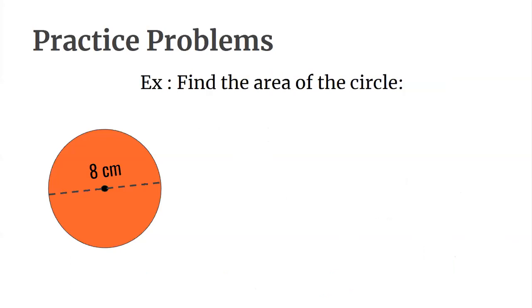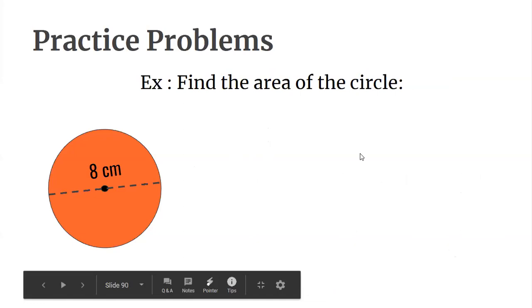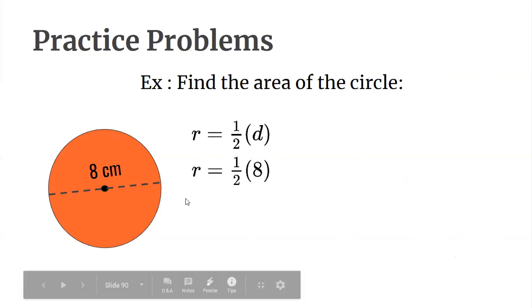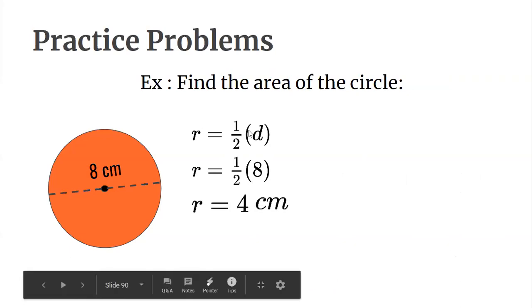Now next, we're finding the area of the circle, with the same circle from last time. So we got 8 centimeters as the diameter. Find the radius by multiplying the diameter by 1/2. Plug in 8 times 1/2, and you just get 4 centimeters.